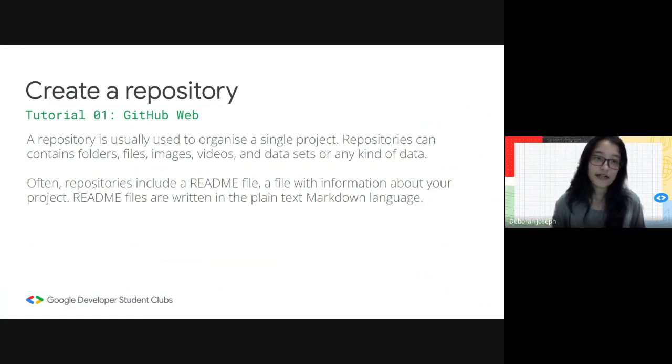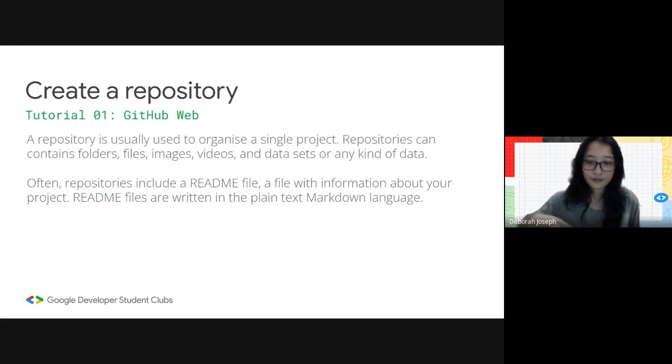Repositories can contain folders, files, images, videos, and other data sets or any kind of data. Often repositories include a README file, a file with information about your project. README files are written in plain text, also known as markdown language.